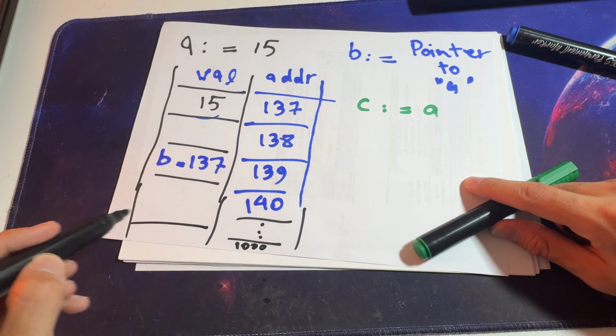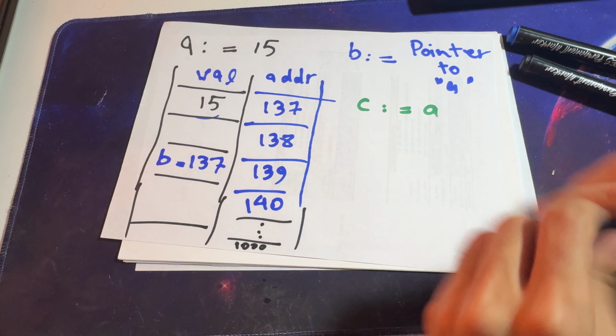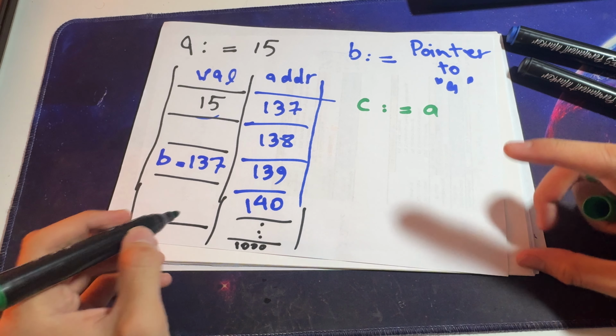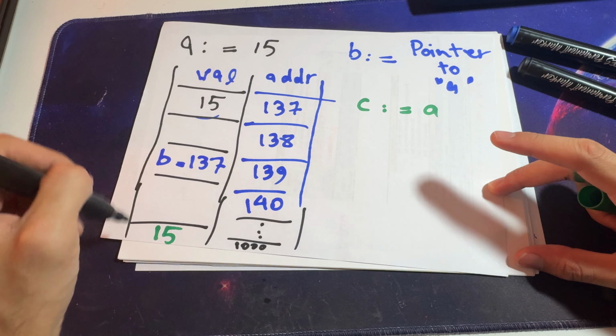In the room 1000, we have an exact copy of the value a, which is 15. And they're not related at all. We don't want this exact copy all the time because it's a waste of memory and a little bit a waste of time. I mean, why store the same value multiple times? And besides that, if we want to change this variable, we have to update all of its copies, which makes it even worse. Most of the time, we don't use variables in just one block in our code.